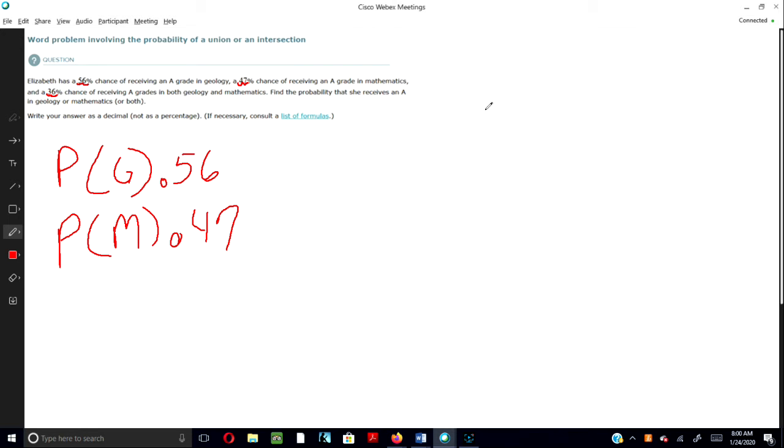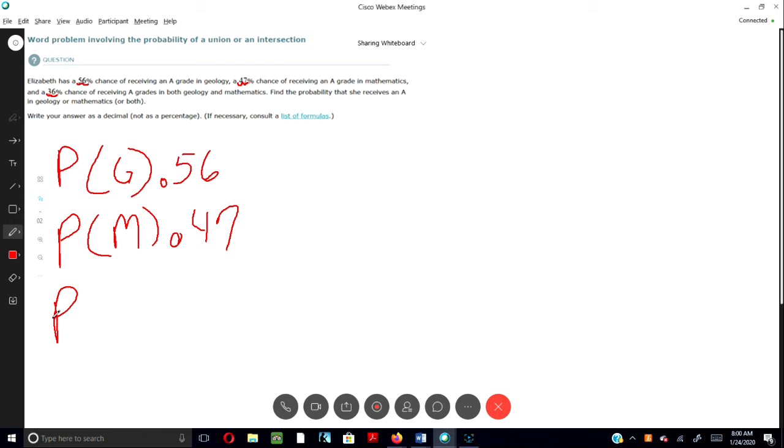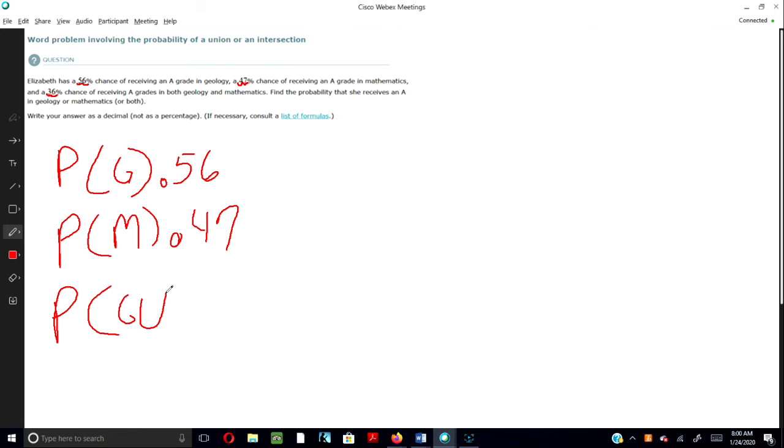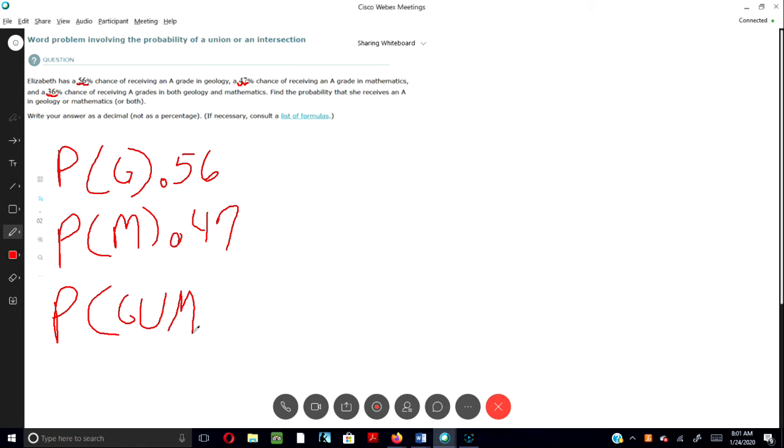Okay, so now the next thing that they said is that she has a 36% chance of earning an A grade in both. So for the probability of that happening, we would write G for her earning an A in geology, this is the intersection sign, and then we'll put the M for her earning an A in mathematics.